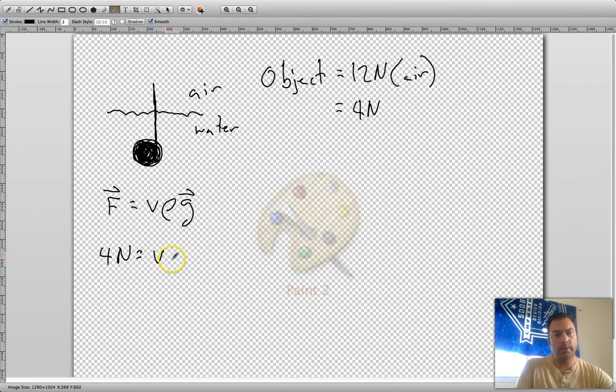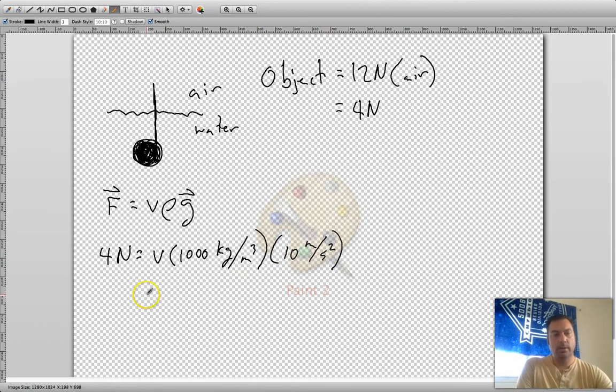In this case, rho is water. We're going to assume fresh water, 1,000 kilograms per meter cubed. If you don't remember where we came up with that, go back to the beginning of the lecture and you'll see it there. And gravity is going to be 10 meters per second squared.